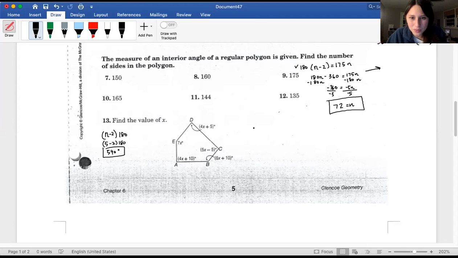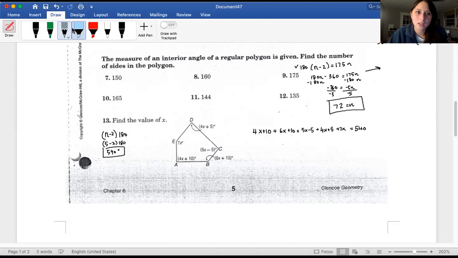I'm going to replace the angle with the actual expression that's used here. 4x plus 10, that's angle A, plus 6x plus 10, plus 5x minus 5, plus 4x plus 5, plus 7x. All of that added to each other equals 540.